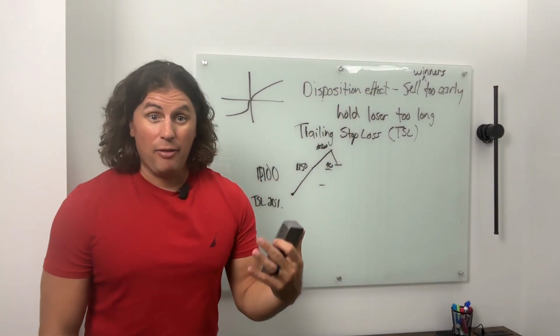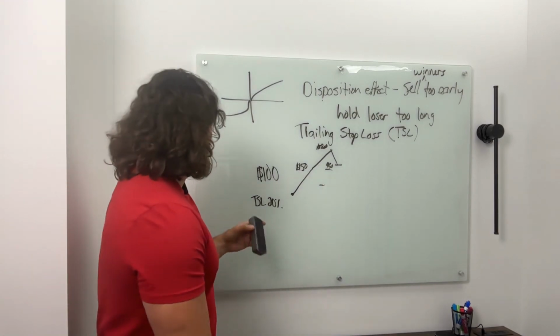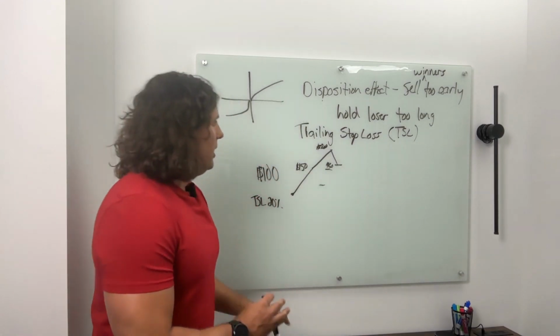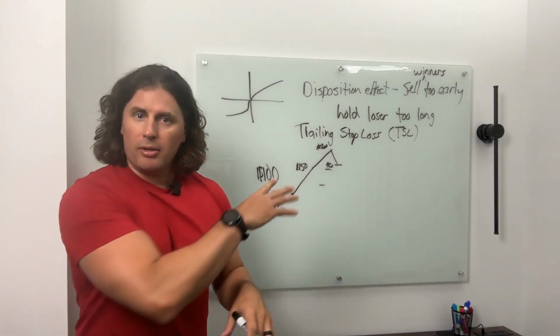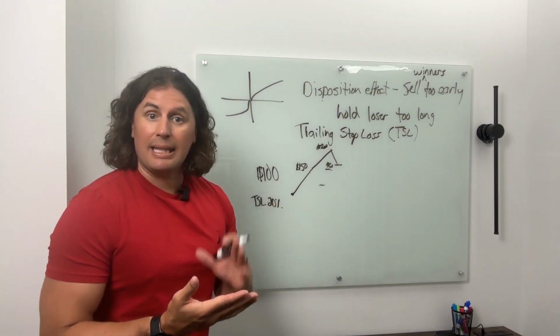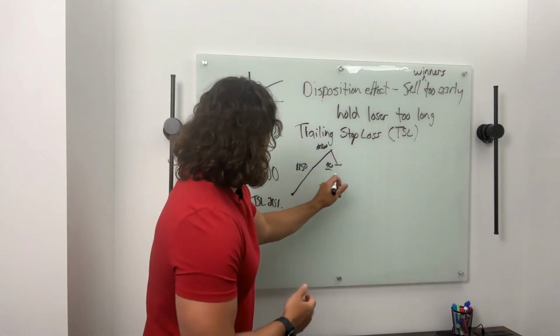Now, it's not a perfect solution because what we can do here is if we do a trailing stop loss in its vanilla form, it becomes a market order, like I just said. You could do a trailing stop loss limit, which then becomes a limit order.